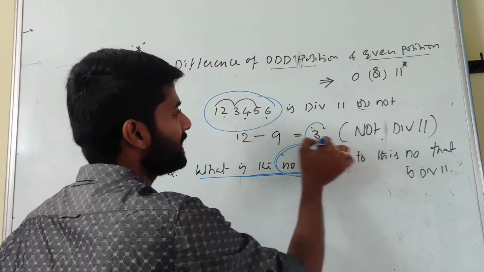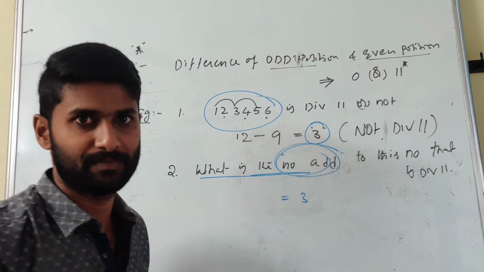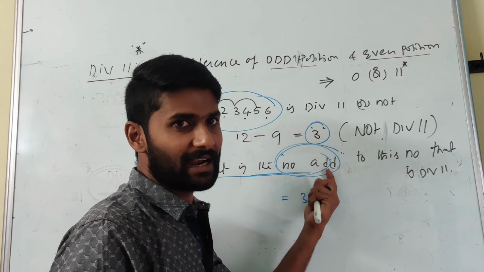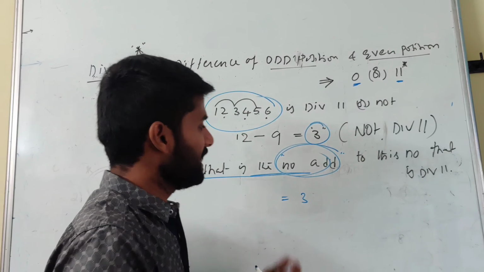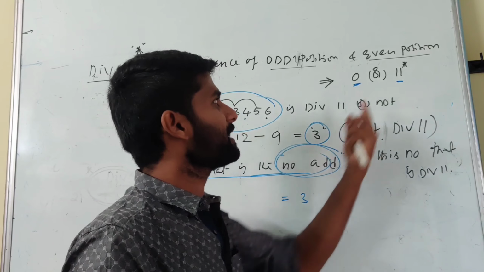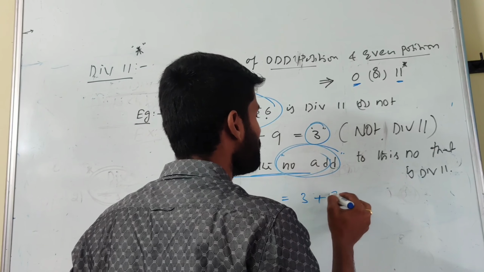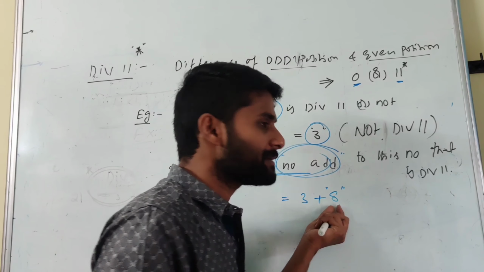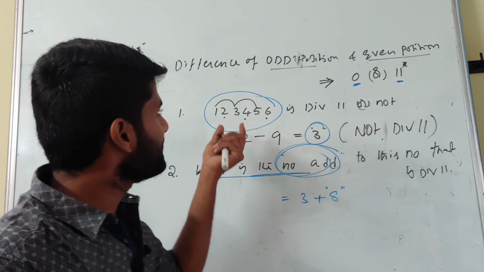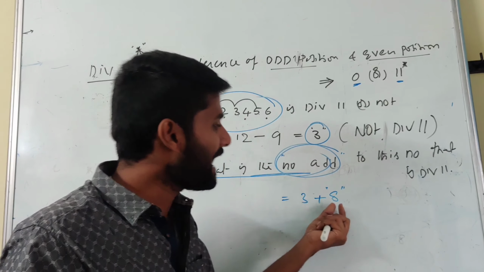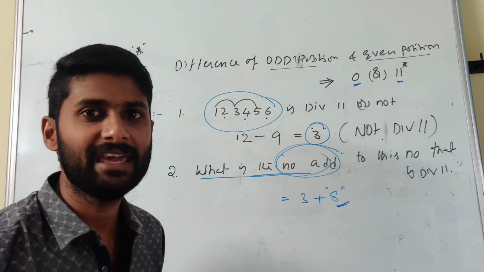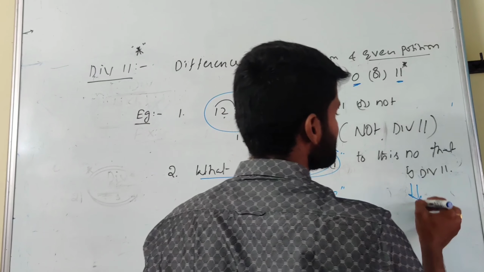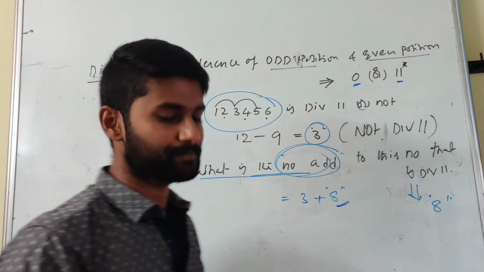We know that we already got 3 as the resultant. According to the rule, we need 0 or 11 as a resultant. If 3 has to become 11, we just add the number 8. The smallest such number is 8. It means if you add 8 to this number, definitely that number is always divisible by 11. So this question's answer is 8.